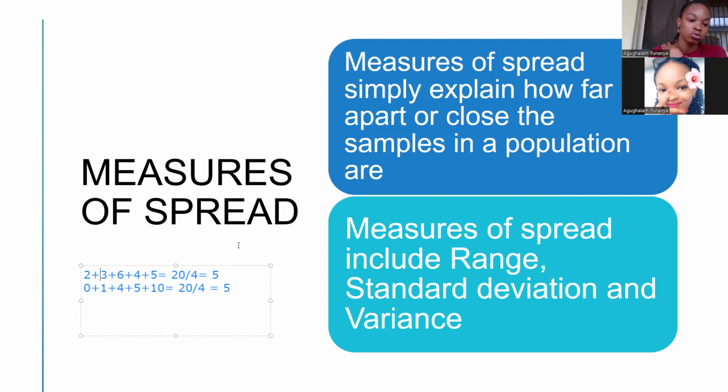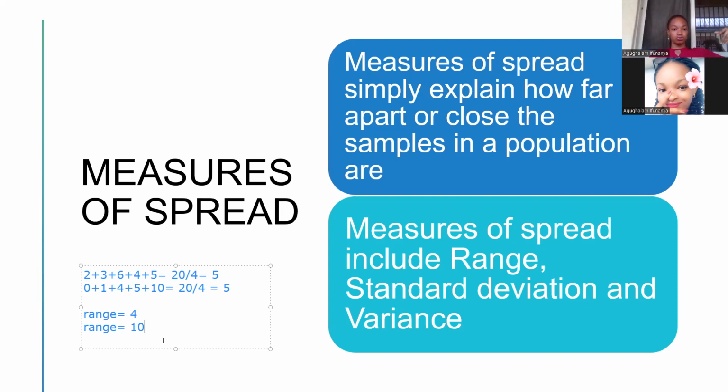So 6 minus 2 is 4, so range is equal to 4. The other one, the highest number is 10, and the lowest number is 0, so the range is 10. This range gives you an idea of the spread of this data.